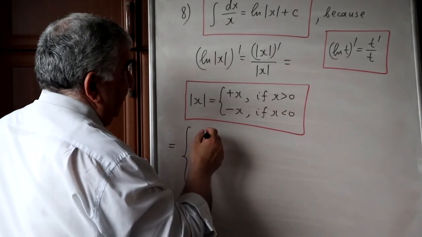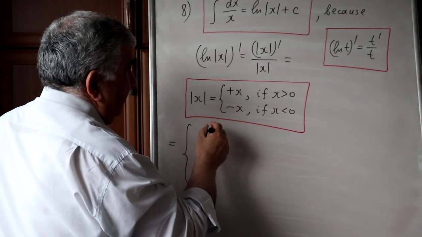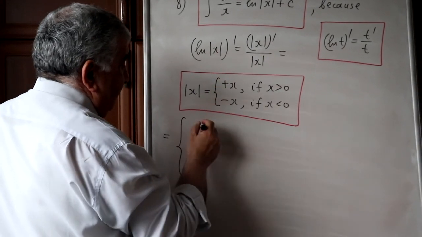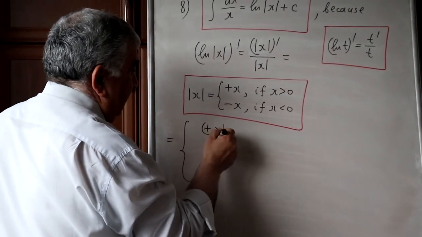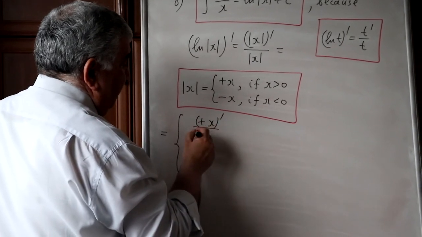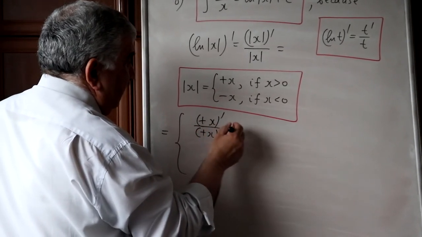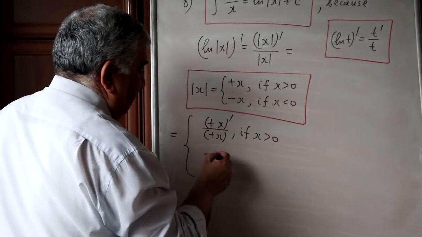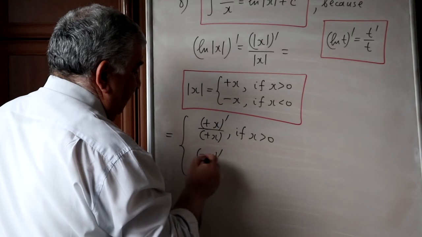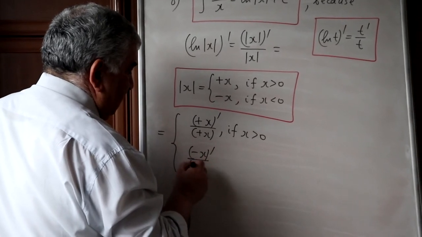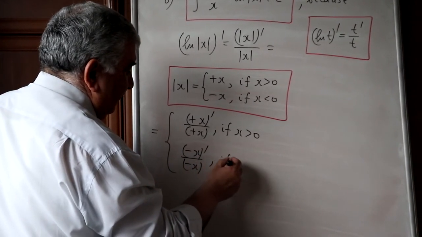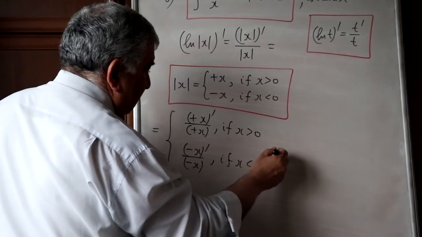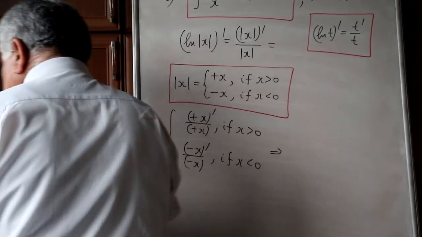It is plus x prime over plus x if x is positive, and minus x prime over minus x if x is negative.